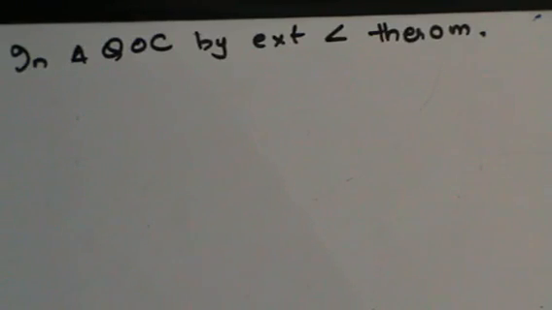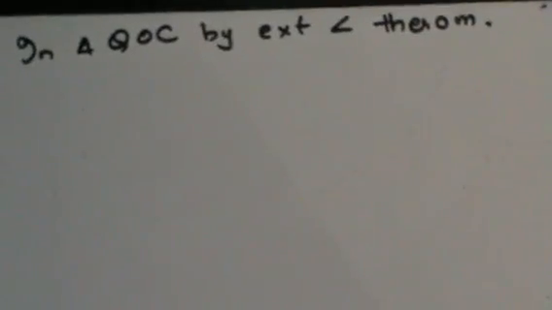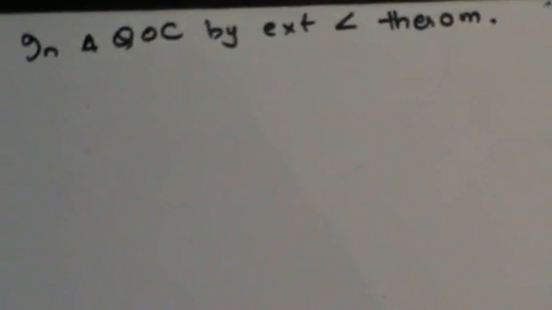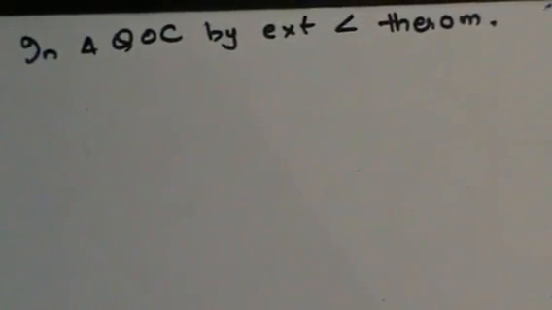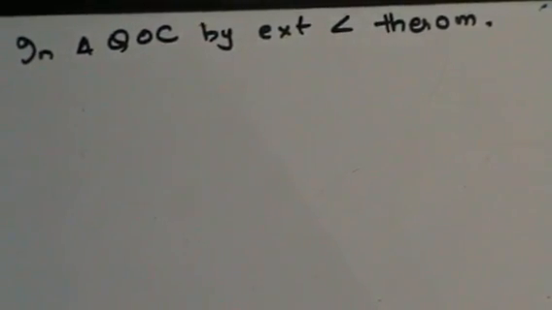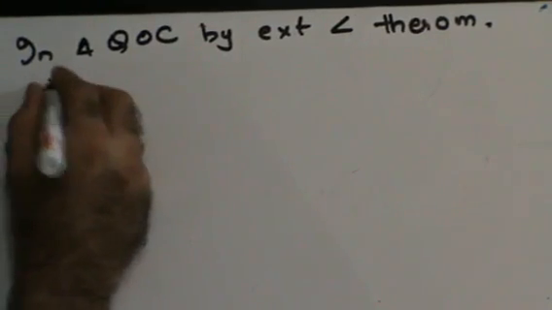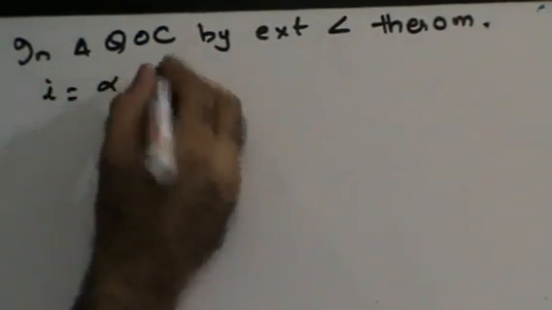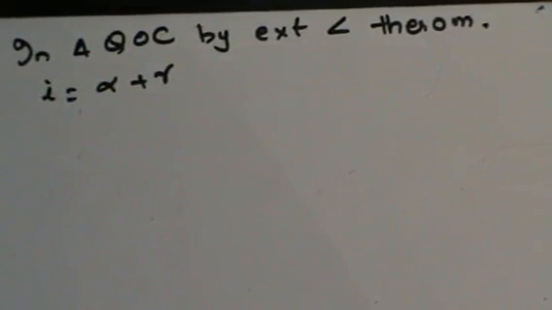What is the exterior angle theorem? We've learned it in our previous class: the measure of the exterior angle is the sum of the measures of the remote interior angles. That means the exterior angle I should be equal to alpha plus gamma, right?